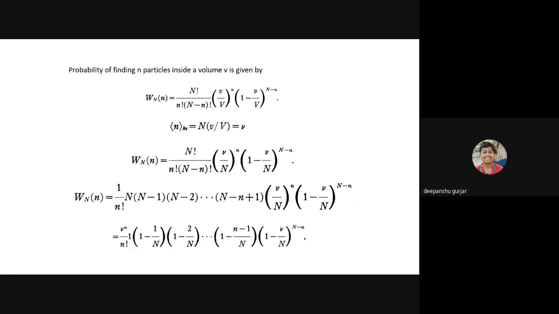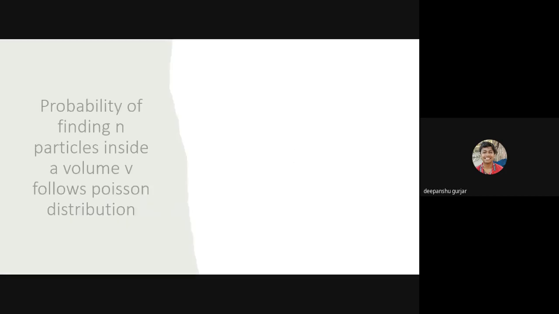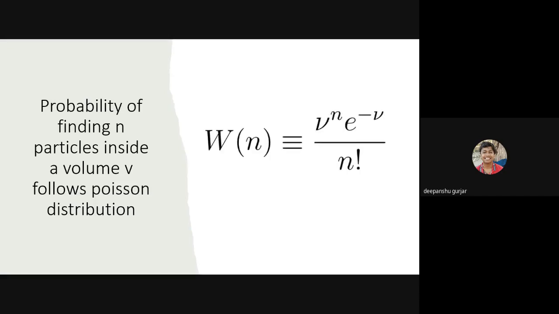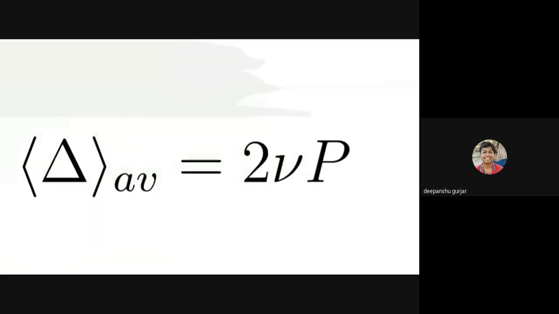So the probability of finding n particles inside a volume V follows a Poisson distribution. Here nu is the volume of the smaller region considered, and n is the number of particles. Knowing this, we can derive a relationship between the probability P and the mean fluctuation of the particles inside that area, given by this equation.